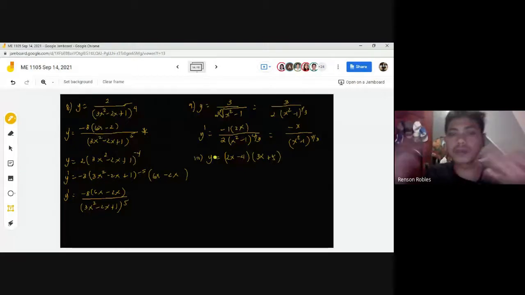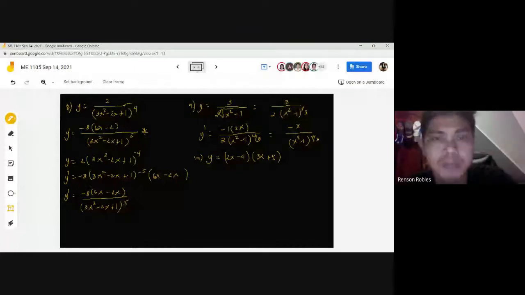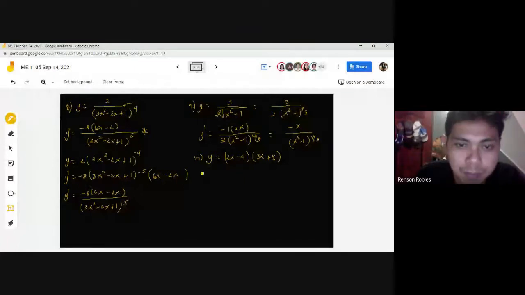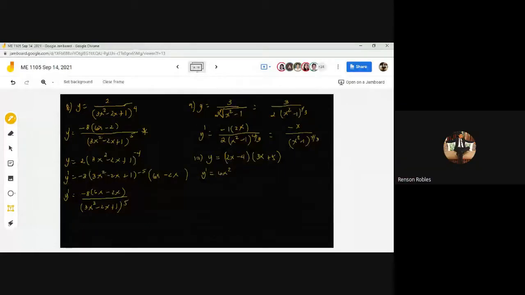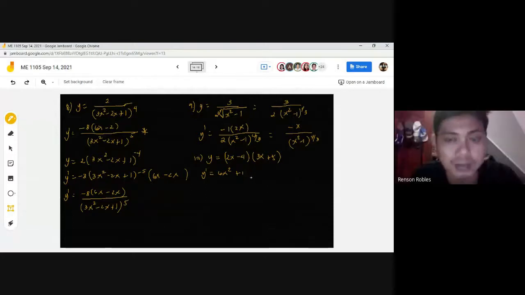You can multiply them, and then differentiate. It's just a binomial, sir. 2x times 3x is 6x squared. 2x times 5 is 10x. Am I right? And then negative 4 times 3x is negative 12x, plus 10x, negative 2x. And negative 4 times 5 is negative 20.